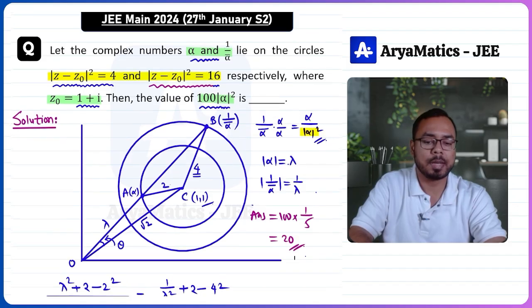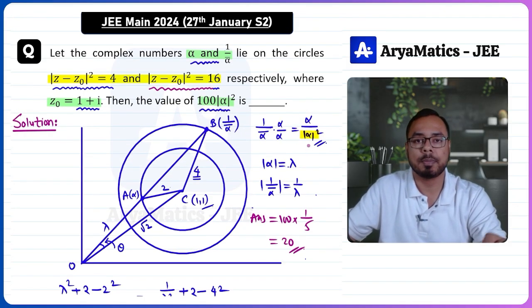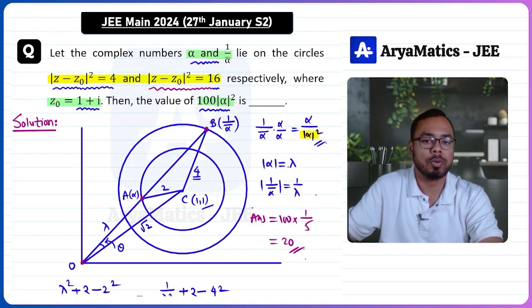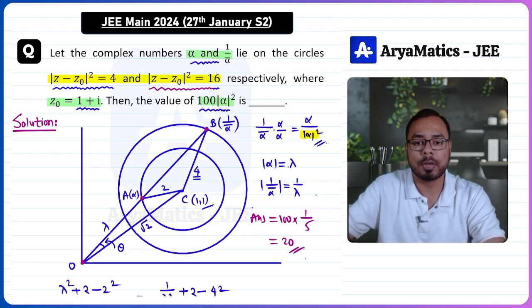In this problem, the important concept is that the arguments of these two complex numbers are the same. One is alpha, another one is 1 by alpha conjugate. Therefore, the points O, A and B are collinear, on the same straight line. Now you have two triangles. One is triangle OAC, so find cosine theta in this triangle.